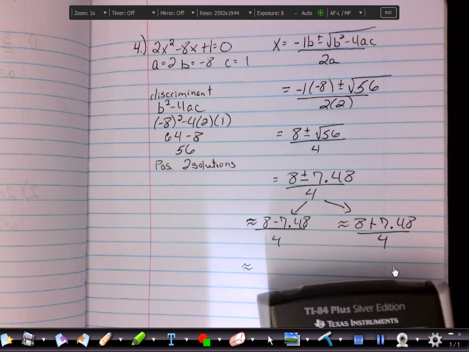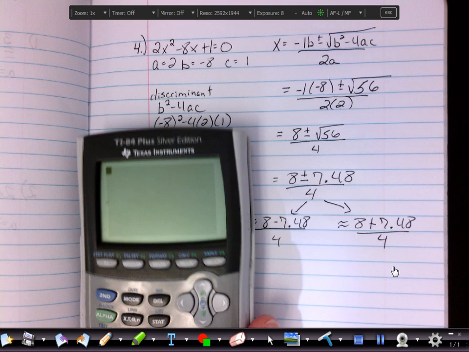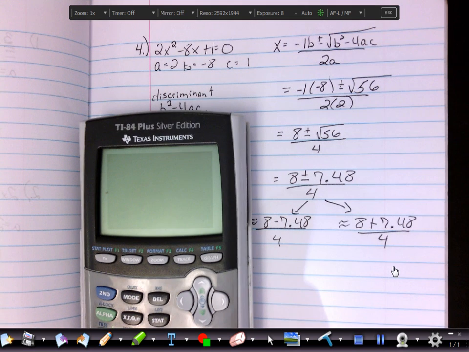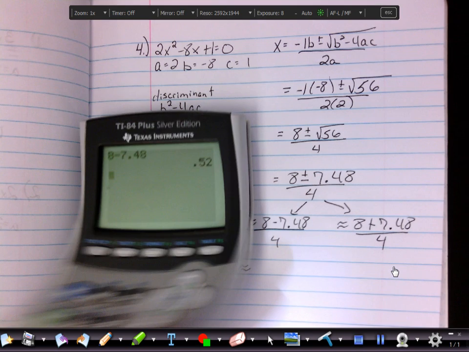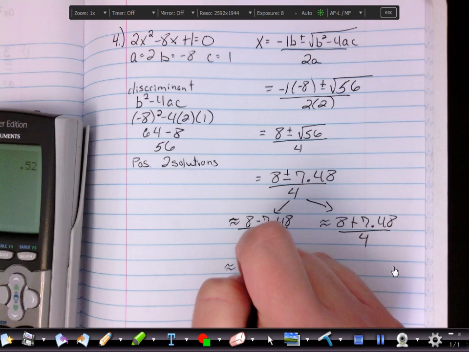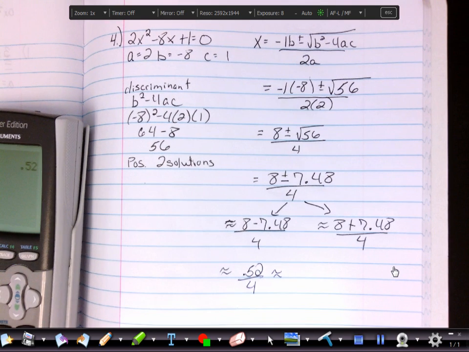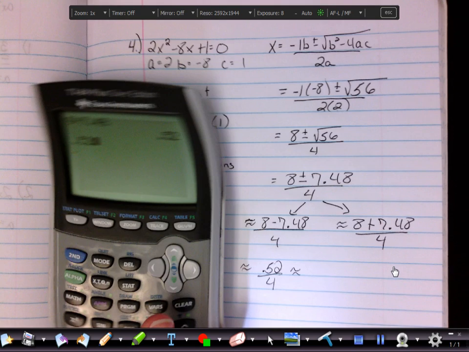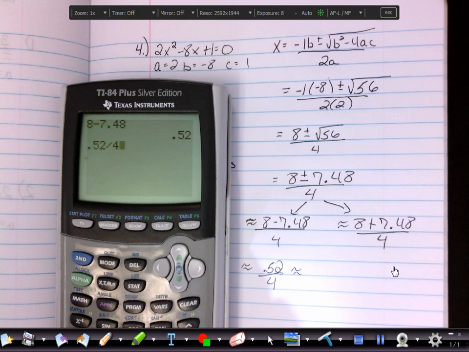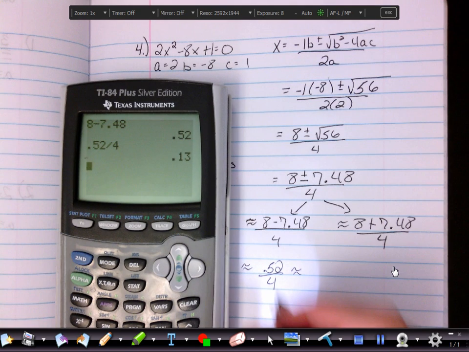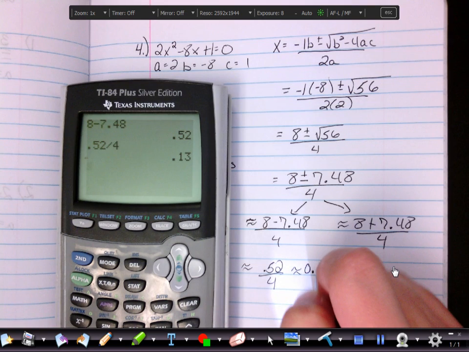So there are 2 different ways you can do this. You can do it in 2 different steps if you want to, and you can say 8 minus 7.48 and get 0.52, and then divide by 4, and find out that is approximately 0.13.